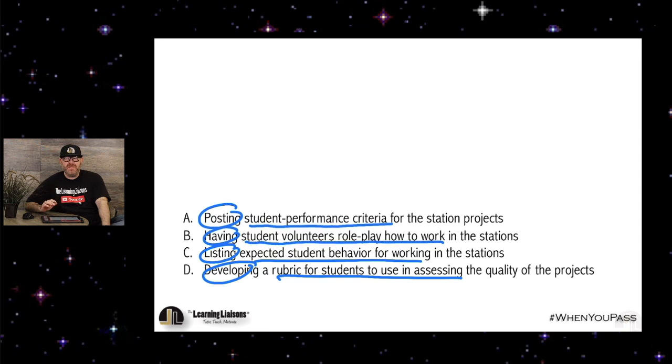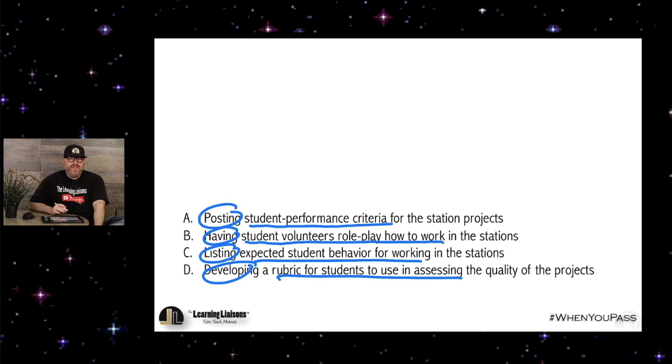And hopefully some of these things, based on our conversations so far, are jumping out to you right now. Number one, A is discussing a rubric. So student performance criteria, how the students have to perform. D, developing a rubric for students to use in assessing the quality of their projects.